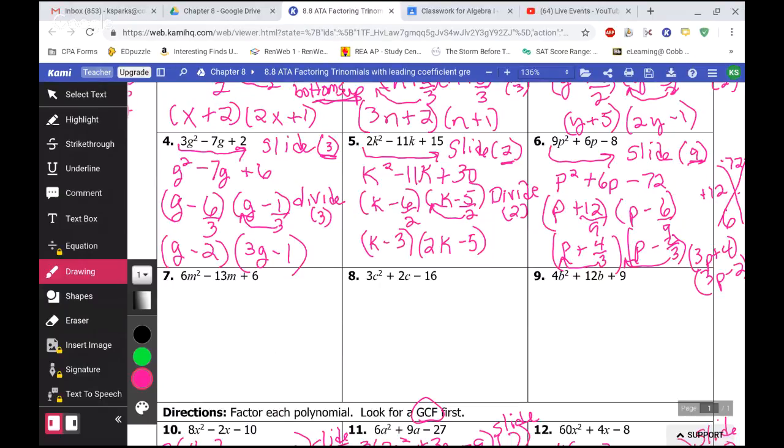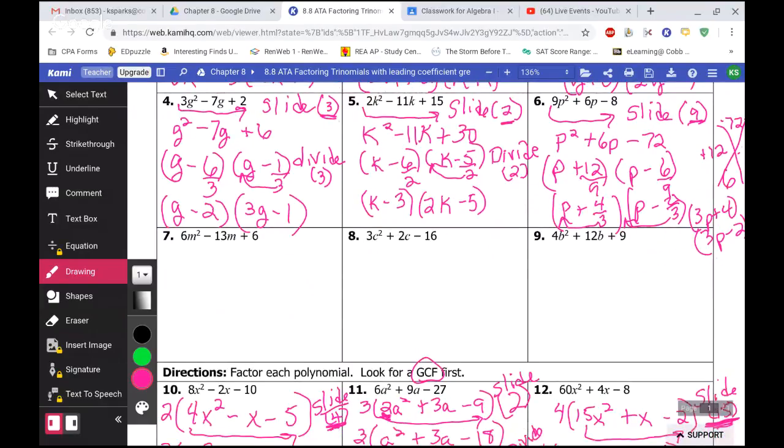Let's take a look at an example specifically. Which one would you want, like number 4? Let's do number 8. So you slide and you multiply by 3, right?